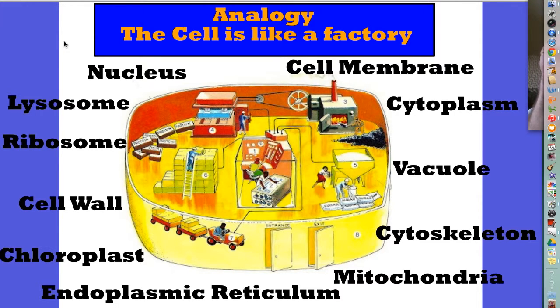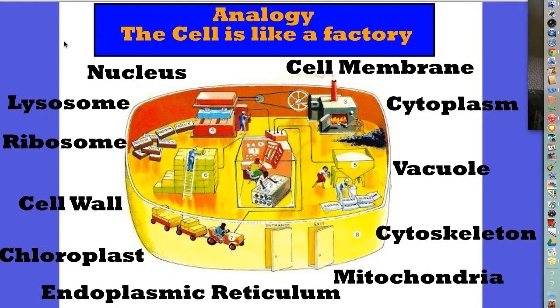Now, factories need energy. Cells need energy. Where do they get it? Well, for a cell, it gets its energy from the mitochondria, which turns sugar into ATP, which all parts of the cell can use. In the same way, a factory might run on electricity. And so whatever units are bringing electricity into the building, that might be considered the mitochondria.